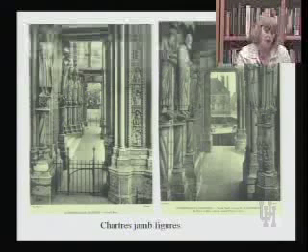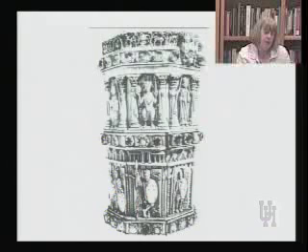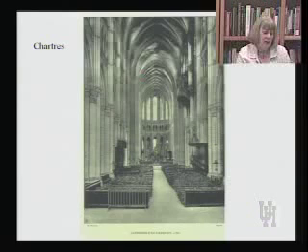So again, putting all of history into the cathedral. This is the baptismal font, and here you see warriors lining. The king is in the upper register in the middle, and then in the bottom you see warriors from ordinary life. Okay.